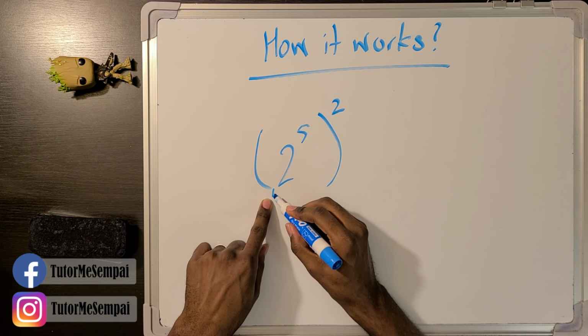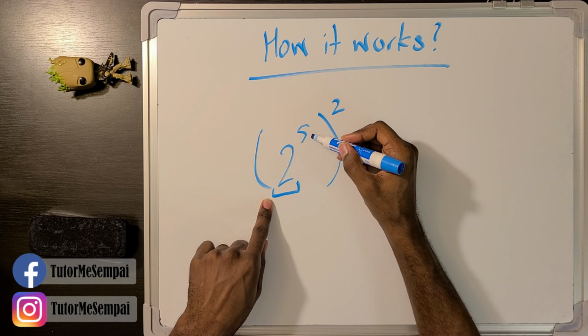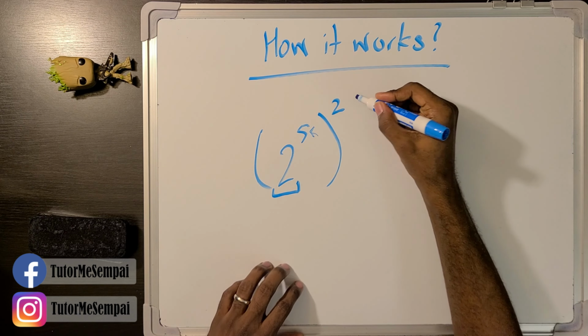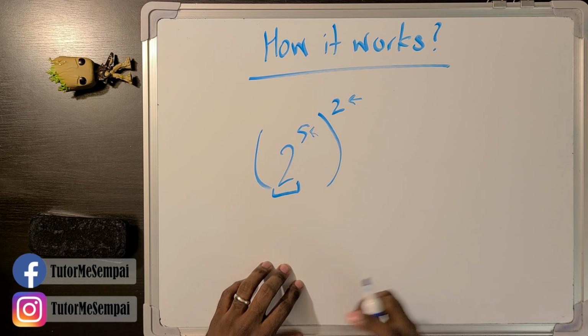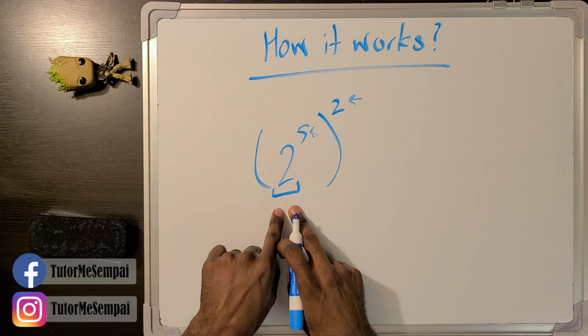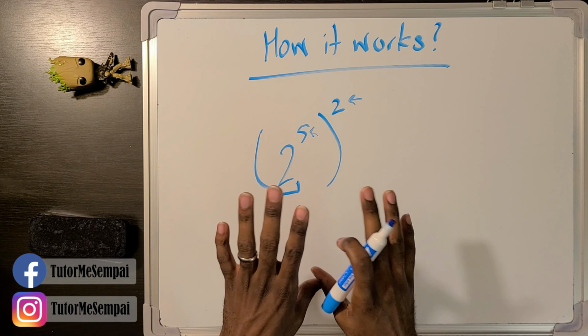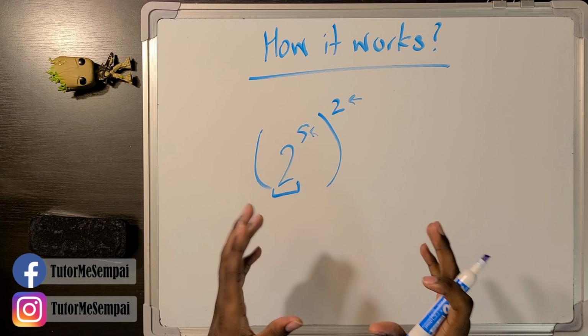You're going to have some base raised to some exponent here, and this entire thing is going to be raised to another exponent. So it doesn't really matter what your base is, and it really doesn't matter what your exponents are, but this is going to be the most basic look of your powers of powers.